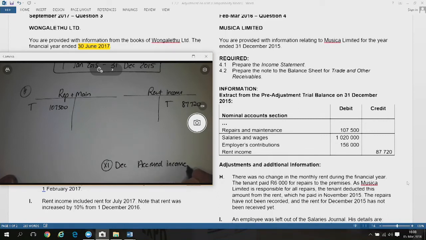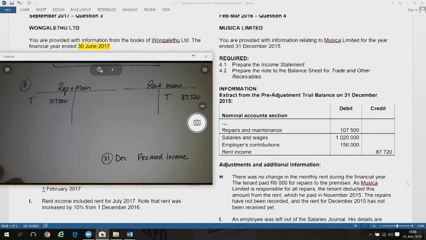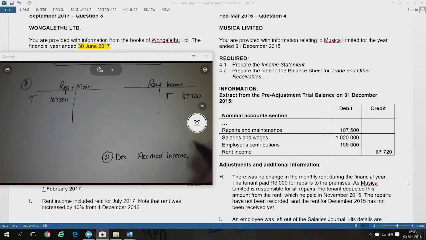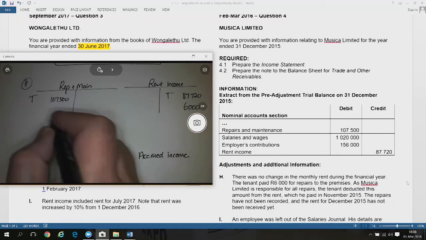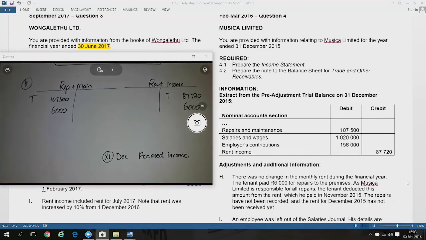But you cannot divide that amount by 11, because there was 6,000 Rand that he paid out of his pocket for the repairs, and he deducted it from his rent for November. So the first thing that you must do is add 6,000 Rand to your rent and 6,000 Rand to your repairs.